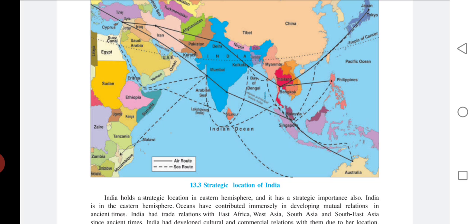See in the world map on the next page, Figure number 13, strategic location of India. So see the location of India and Russia. Canada is the second largest, then USA, China, Australia. So this is our discussion on this page. Do you have any questions?